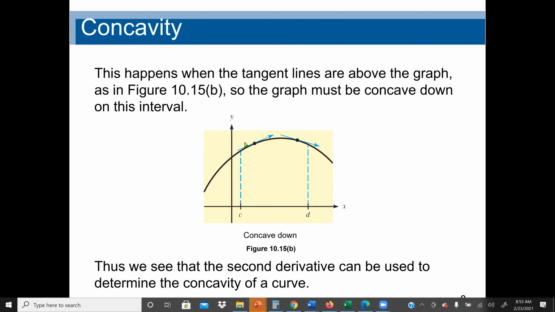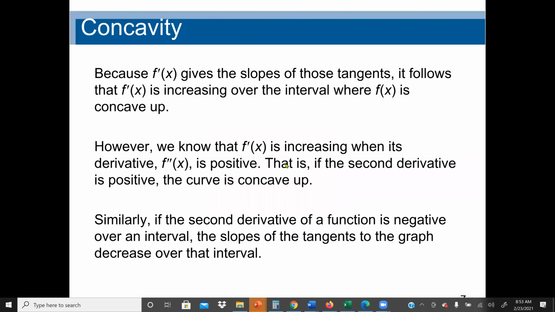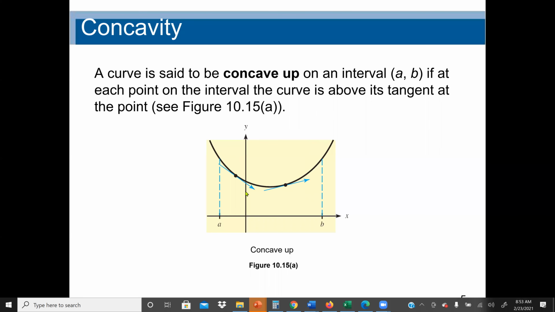Now, when the line is on top of the curve, we say it's concave down. And the opposite way, I have a curve open upward. The tangent line is below. When the tangent line is below the curve, it's called concave up.